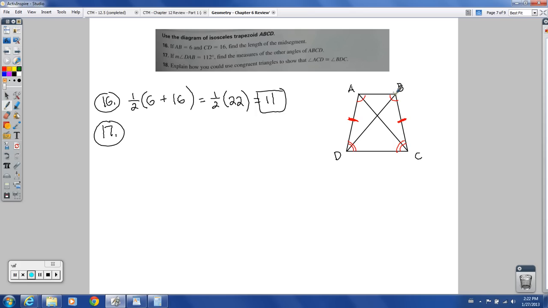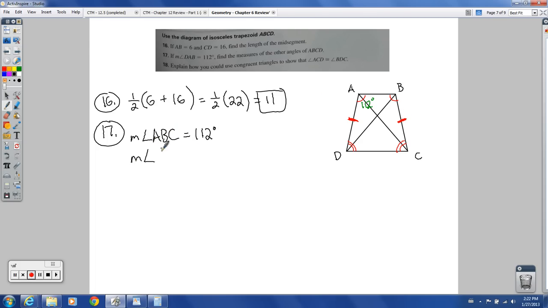Number 17, measure of DAB. That's D to A to B, so that's this angle right here, is 112 degrees. Find the measures of the other angles of A, B, C, D. I know that this is the same as this, so I could call this A, B, C. I would want to use more than just B because there's extra marks coming out of that. So if I said B, you got to be more specific. You got to tell me if it's ABD, if it's ABC, or if it's DBC. So ABC would work for that one. That'd be 112 degrees.